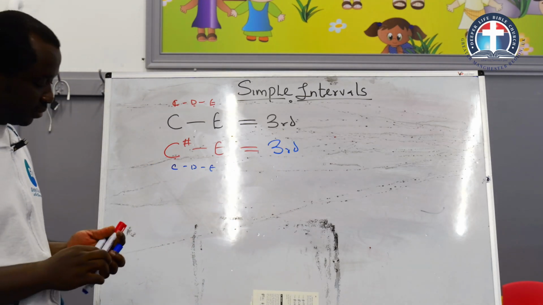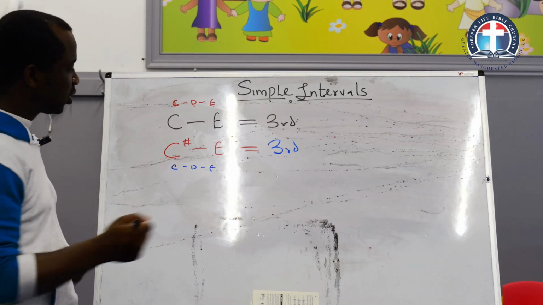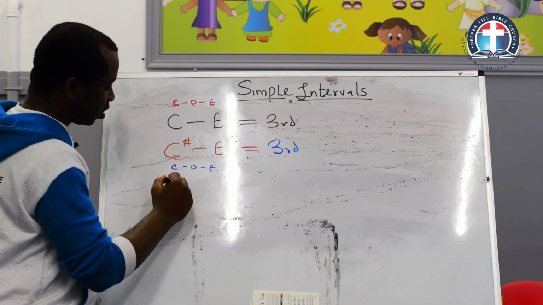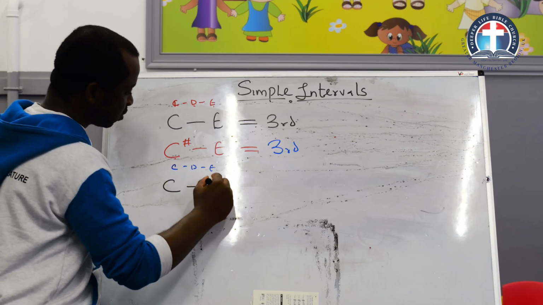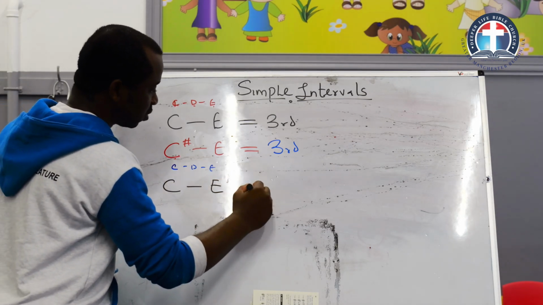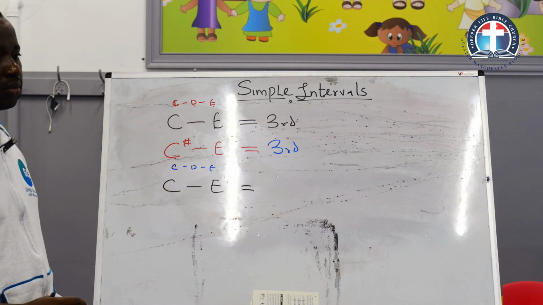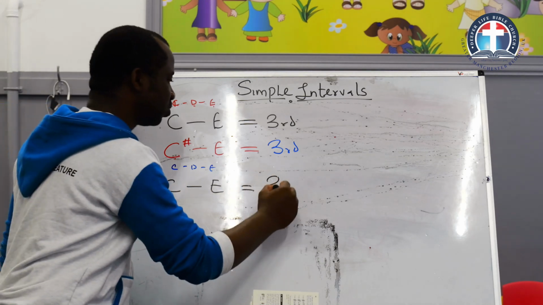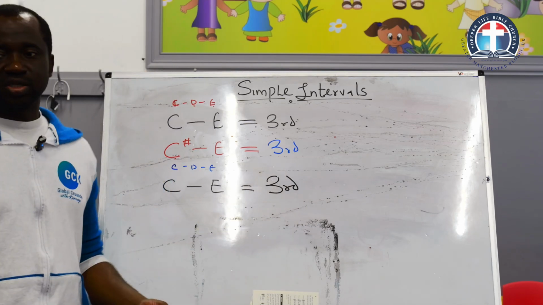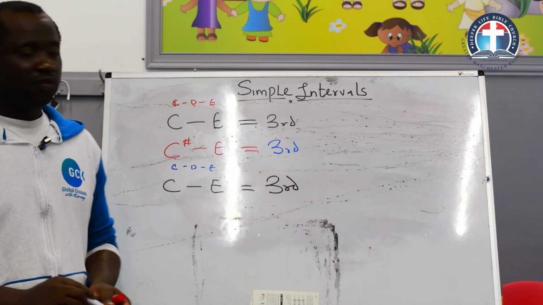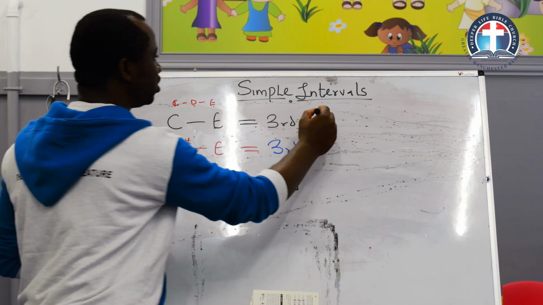All right? So what's this, Naomi? A third. So you could see all these are thirds. Of course, they will put this for you on a stave.